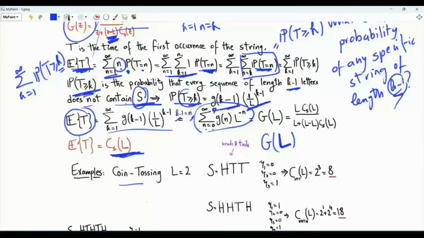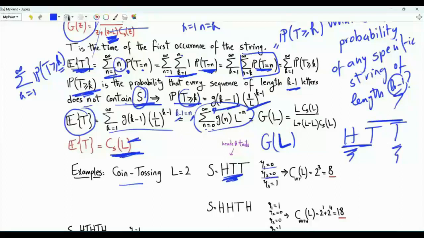If we are doing coin tossing, so we have two letters, H and T, heads and tails. What is the expected number of tosses till we get HTT for the first time? To answer this question, now we know the final result. We need to obtain the polynomial associated with this particular sequence. We have HTT. The first letter is different from the last letter, so eta 1 is 0.